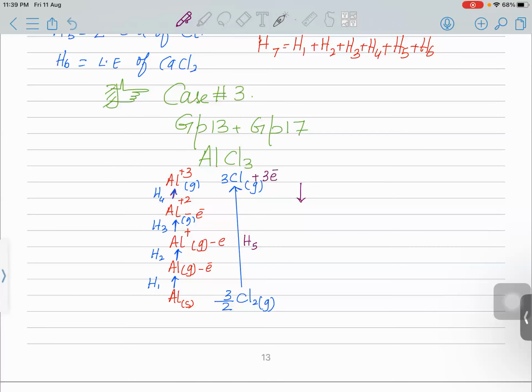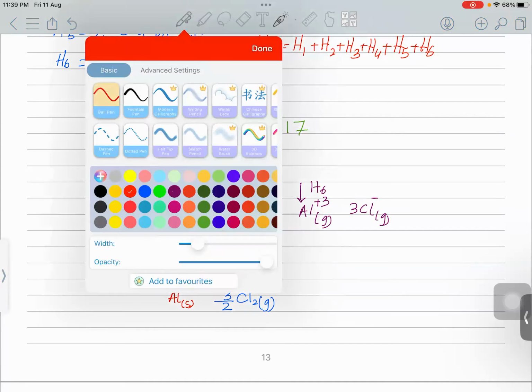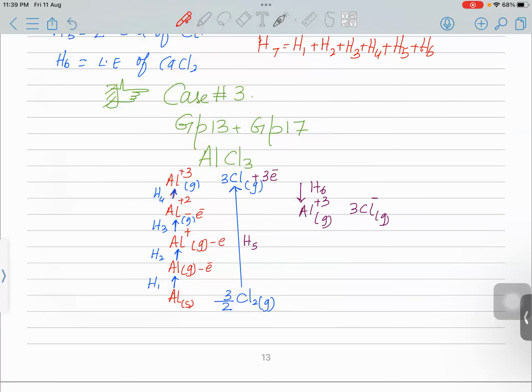So you have Al3+ gaseous and 3Cl minus. So this is H6. Now you will multiply H6 by 3, because 3 electrons are added.